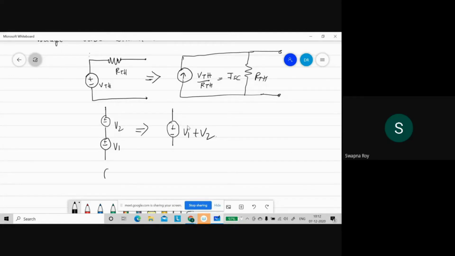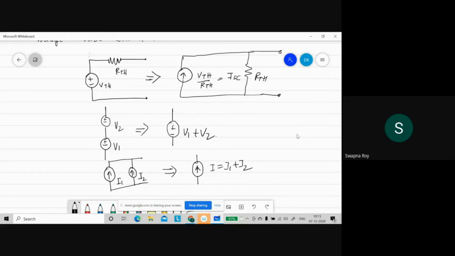Another concept is for current sources. We can add the current sources when they are connected in parallel. So this is I1, this is I2. I can write it as a single current source I equal to I1 plus I2.